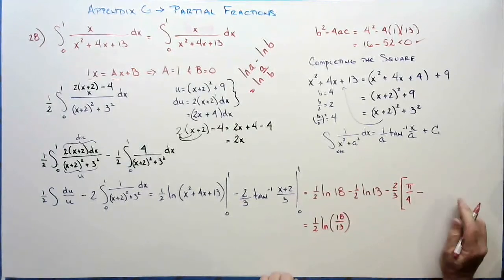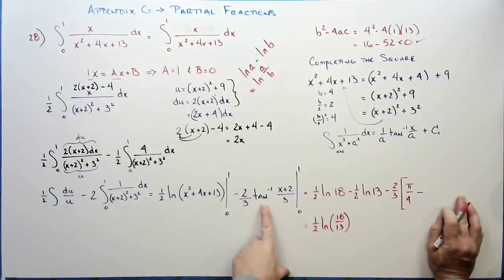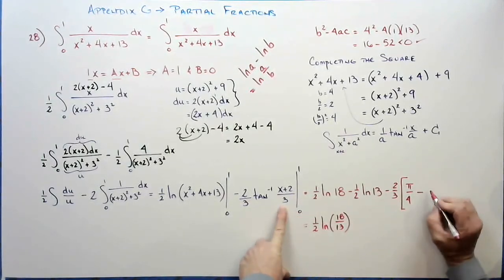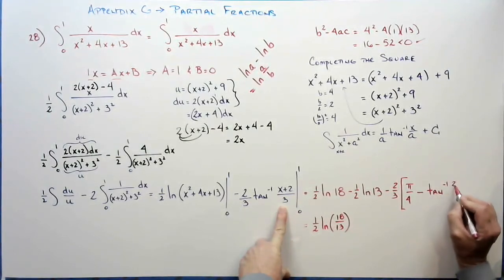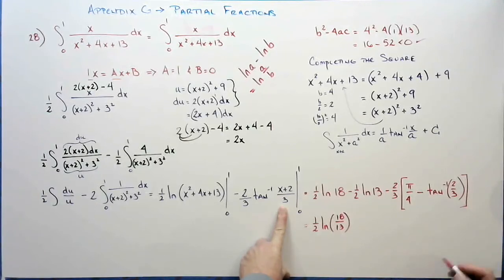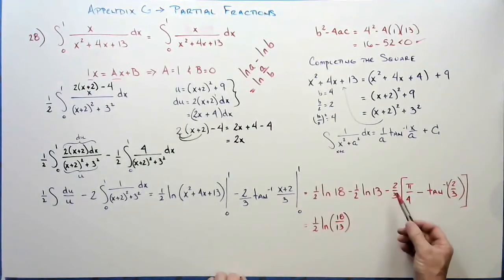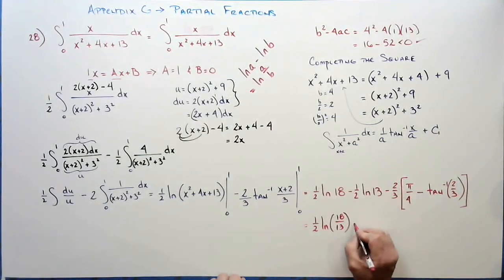Minus. When we plug a 0 in here, we get inverse tangent of 2/3. Now, I don't know what the inverse tangent of 2/3 is, so I can't really simplify that. So I can take the negative 2/3 times this, which gives me 12 over 2, that gives me minus pi over 6.